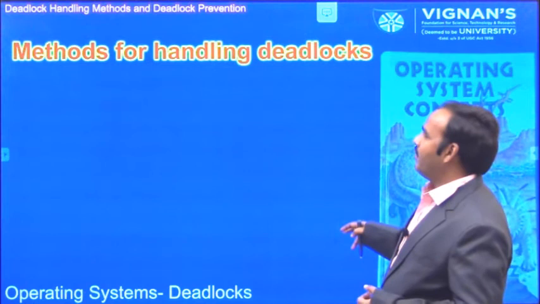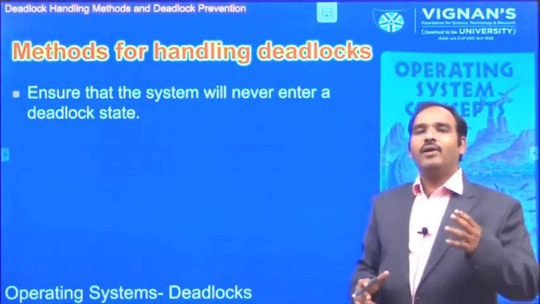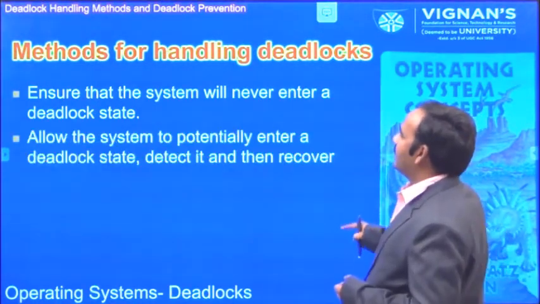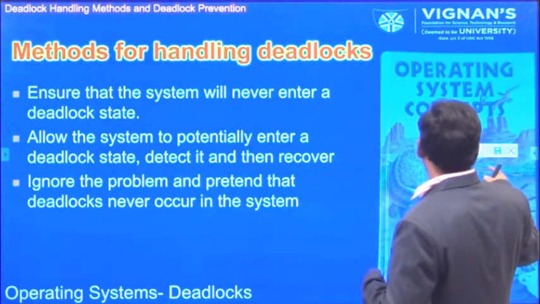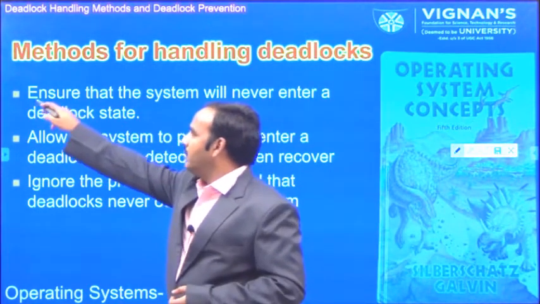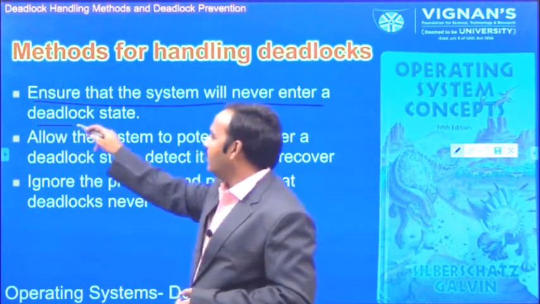There are three kinds of deadlock handling methods. The first method is to ensure that the system never enters into a deadlock state.